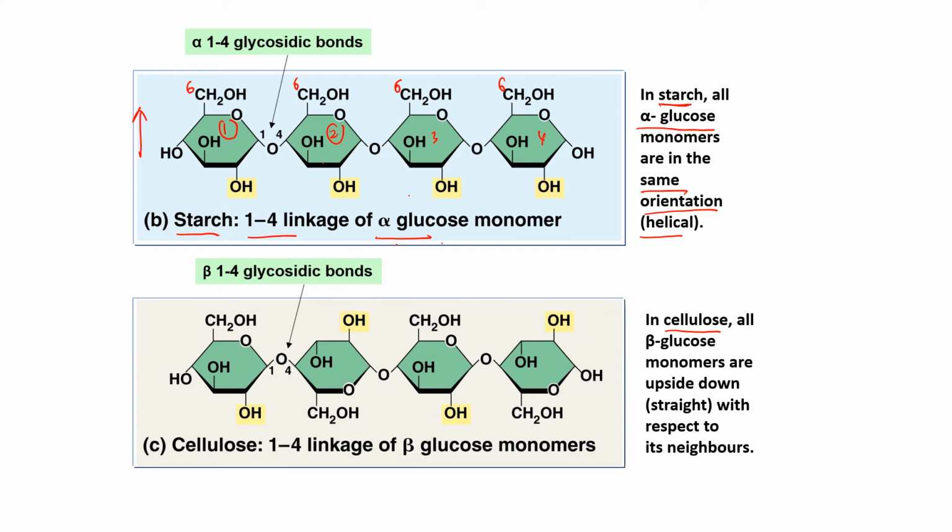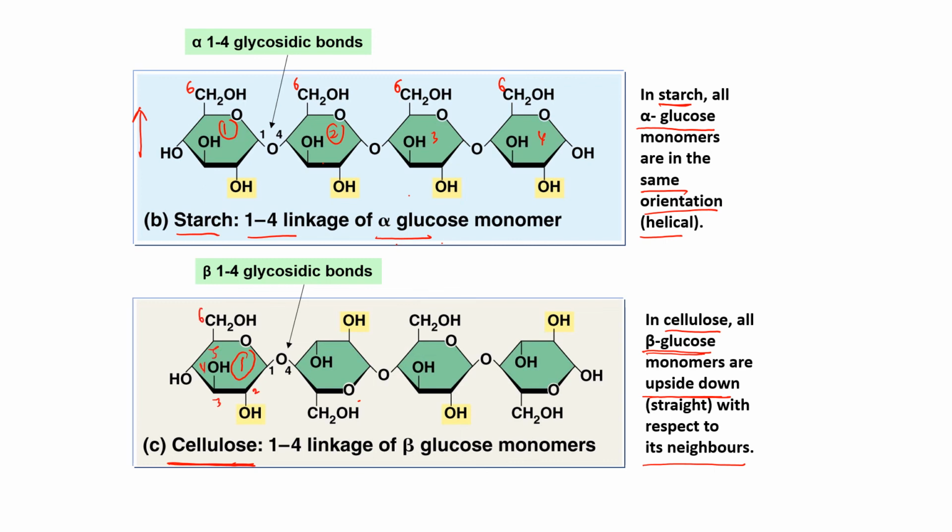But as for cellulose, because it is made up of beta glucose as the monomers, the beta glucose molecules are arranged upside down with respect to their neighbor. For example, in this diagram, the first beta glucose is oriented in the upright position, carbon number 1, 2, 3, 4, 5, 6.